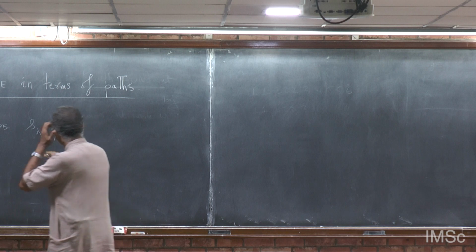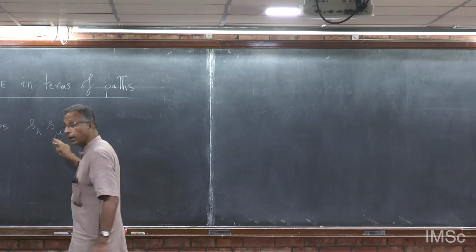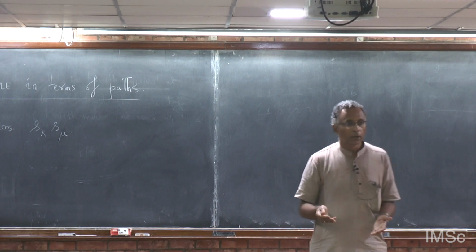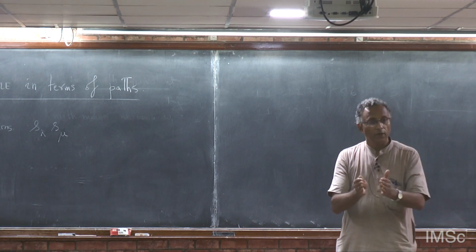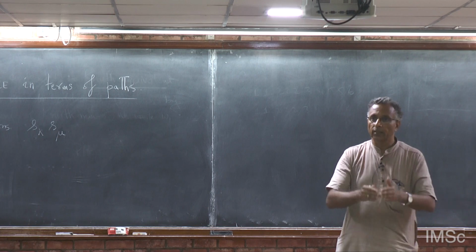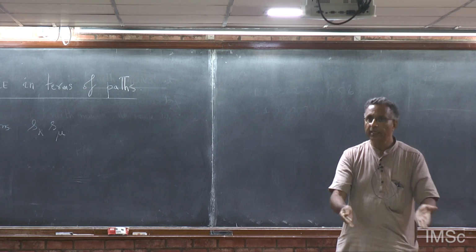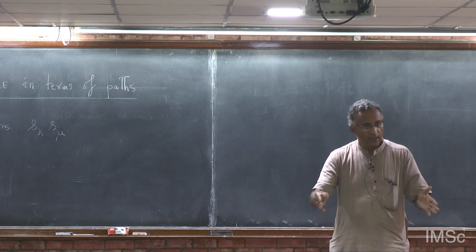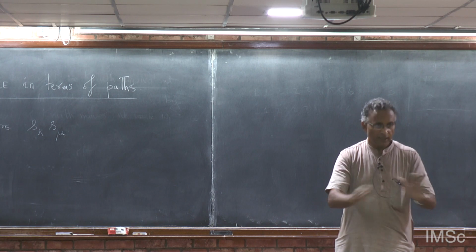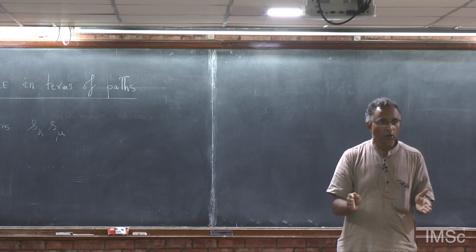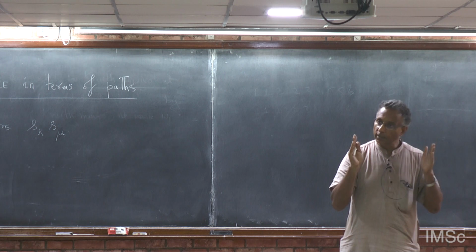So this is a symmetric polynomial, and what is its degree? If lambda is a partition of d, then S lambda is of degree d. If mu has size e, then S mu is of degree e. So when I multiply them, I get a symmetric polynomial of degree d plus e.